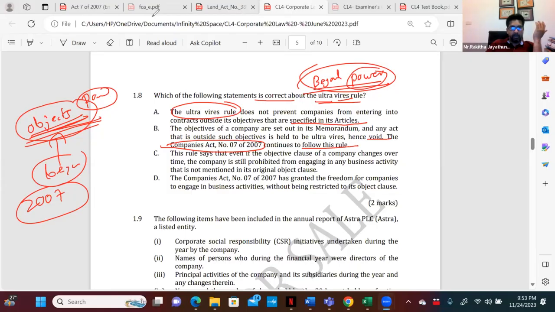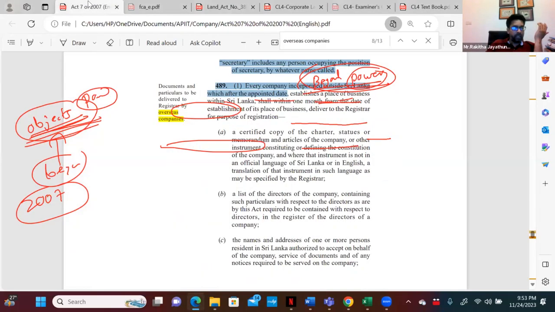Anyway, please go through pages 32 to 34 of the Companies Act. And the relevant section is this. I will give you the section also.